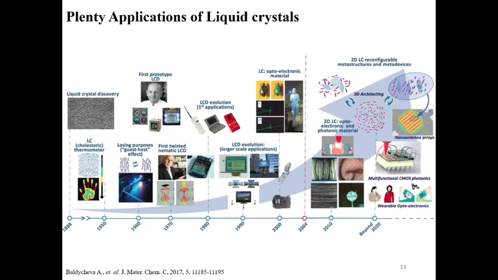So as I mentioned, the liquid crystal, when it was first developed, was mainly used to construct the display. But in recent years, it has been used a lot to create new technologies. For example, to use the liquid crystal to fabricate wearable devices to monitor the health system of the human body.